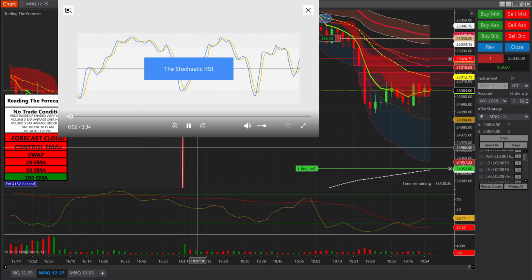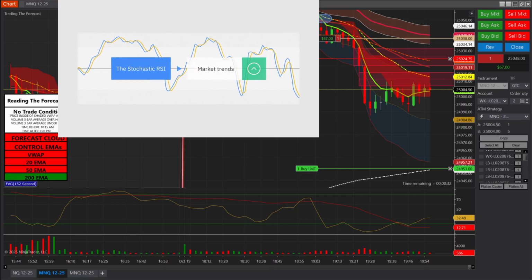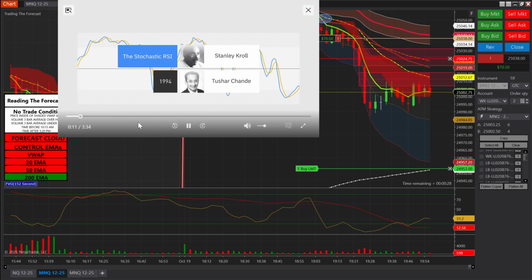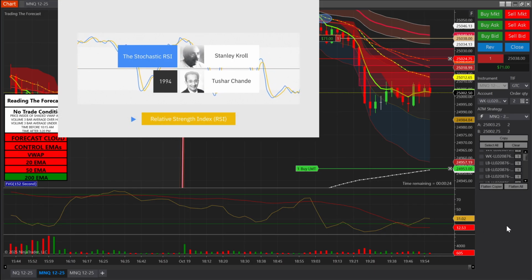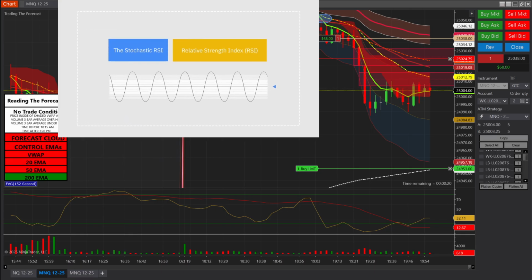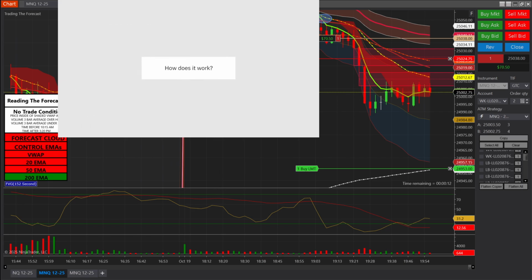RSI is a technical analysis indicator used to identify market trends. It was created in 1994 by Stanley Kroll and Tushar Chande with the goal of increasing the sensitivity of the regular Relative Strength Index, or RSI indicator. Both of these indicators are oscillators used to identify overbought and oversold conditions by measuring changes in the price of an asset over a given time period. But how does it work?